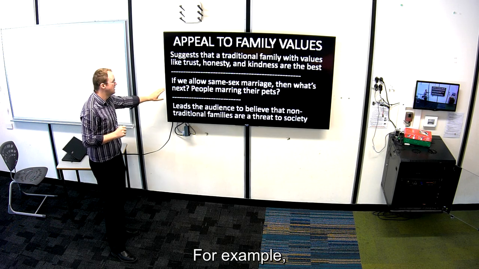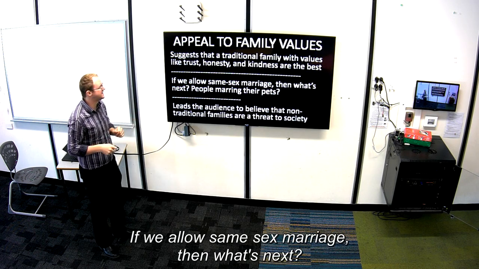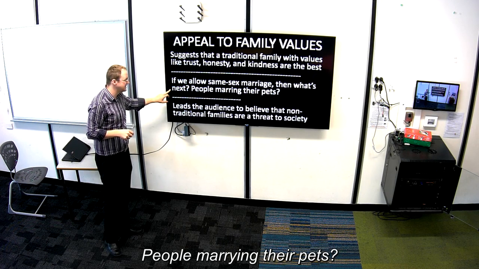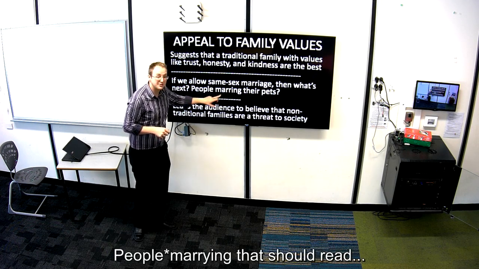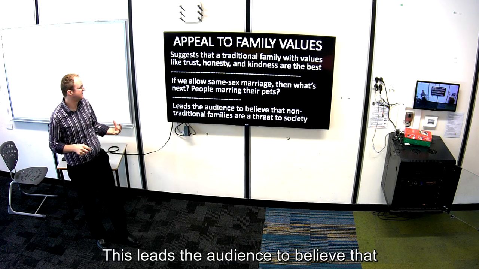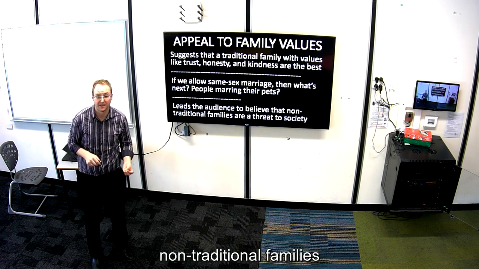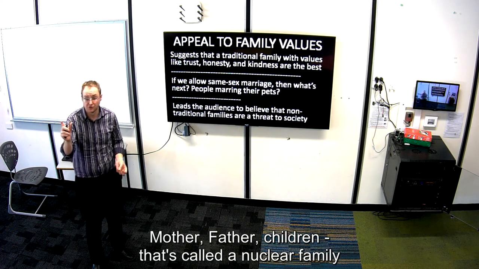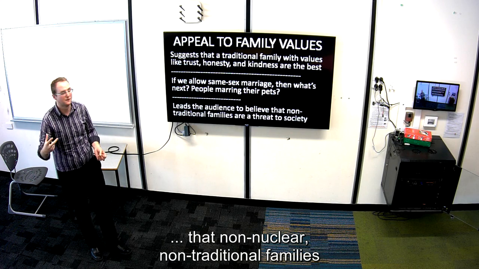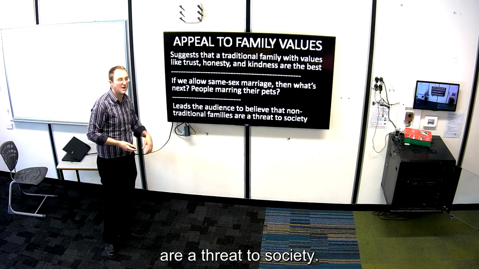For example, if we allow same-sex marriage, then what's next? People marrying their pets? This leads the audience to believe that non-traditional families, that is, non-nuclear families (mother, father, children is called a nuclear family), are a threat to society.